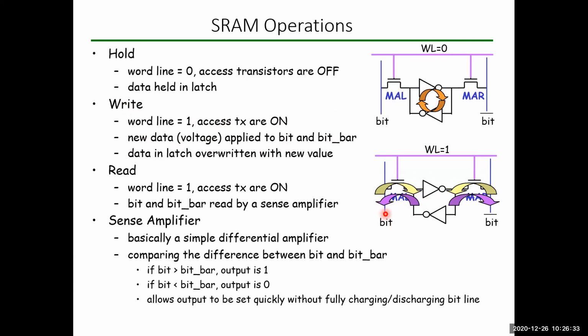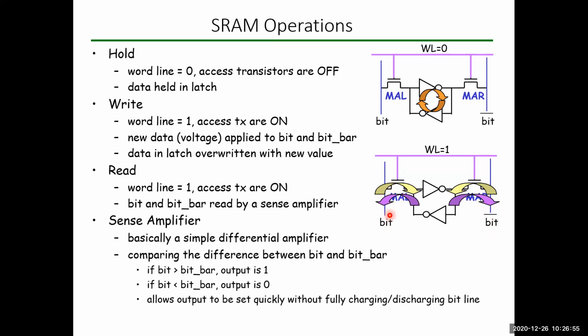How do we do that? We do it by applying a voltage to the bit line. If you apply voltage VDD here, it will be taken as logic 1. On the bit bar, it will be logic 0. That's how you apply the complementary inputs over here.